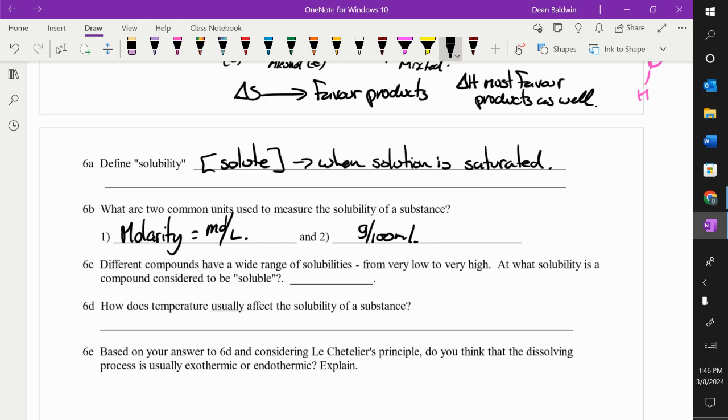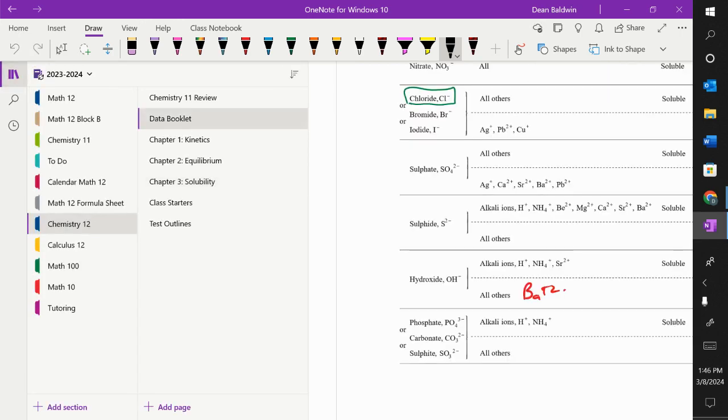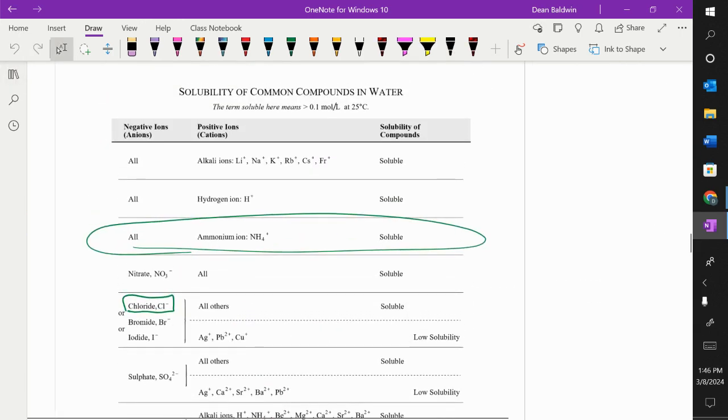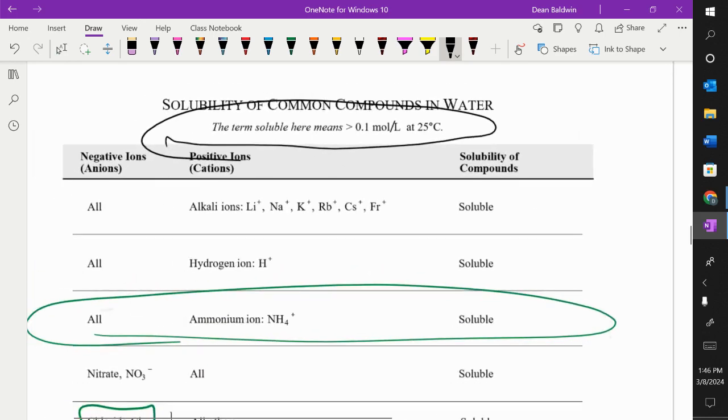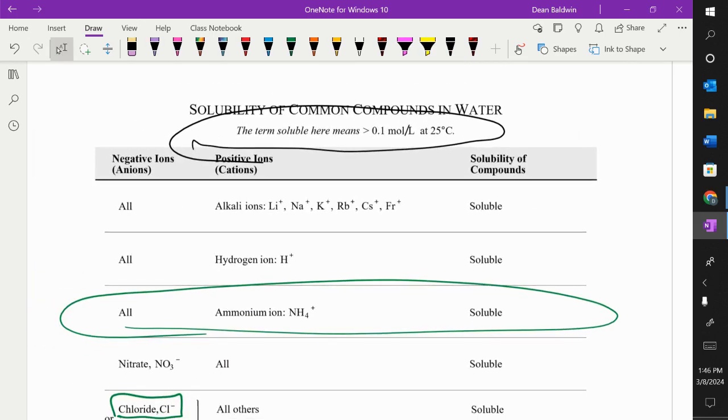Okay, so what we decide is soluble is kind of a relative term. If you look at your data package, I'll show you in a sec. What they consider soluble is 0.1 molar. So in your data booklet, this table tells you right up here: the term soluble means 0.1 moles per liter at 25 degrees.